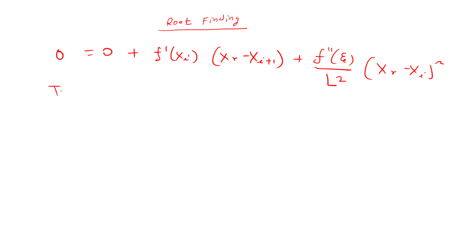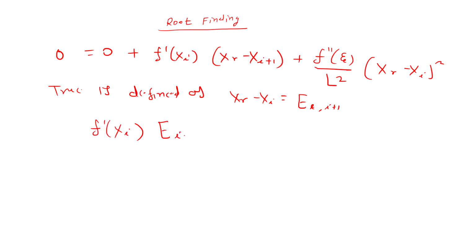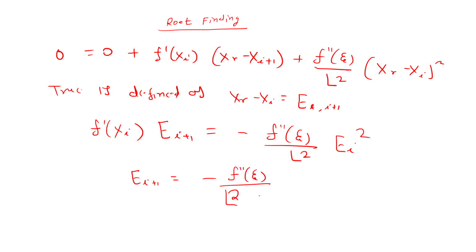Now my true error is defined as x_r minus x_i, that is e, the true error at i plus 1. That makes f prime x_i times e_{i+1} equal to minus f double prime chi upon factorial 2 times e_i to the power 2. That essentially makes e_{i+1} equal to minus f double prime chi upon factorial 2 f prime x_i times e_i to the power 2.